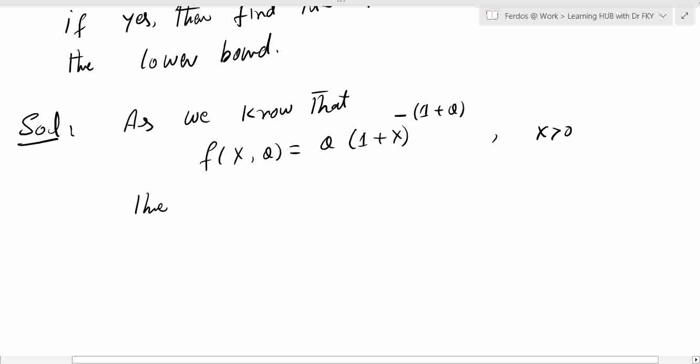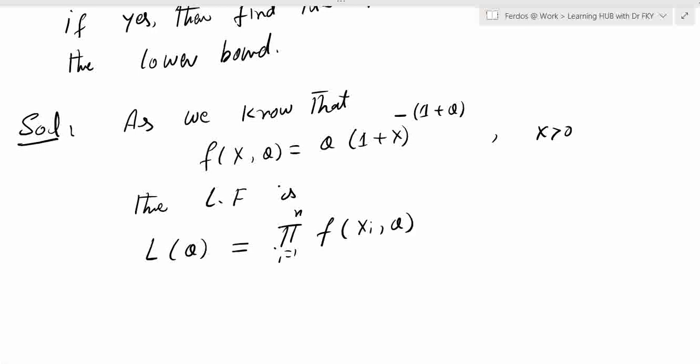The likelihood function for this distribution, we will just denote by L theta simply, is equal to the product from i equals 1 to n of the distribution, that is theta to the power n times the product from i equals 1 to n of 1 plus xi to the power of minus 1 plus theta.